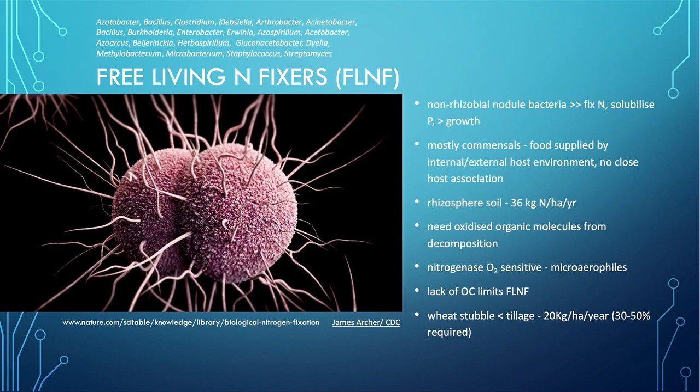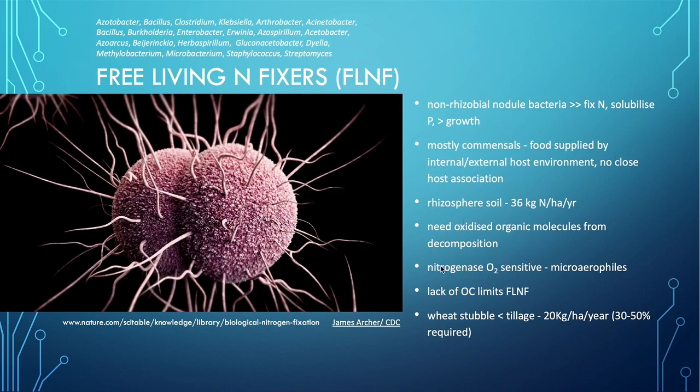The rhizosphere soil provides 36 kilograms of nitrogen per hectare per year due to these free-living nitrogen-fixing bacteria. And they need oxidized organic molecules from decomposition. So they rely on other organisms, other bacteria, to oxidize organic matter in order to obtain enough energy for nitrogen fixation.